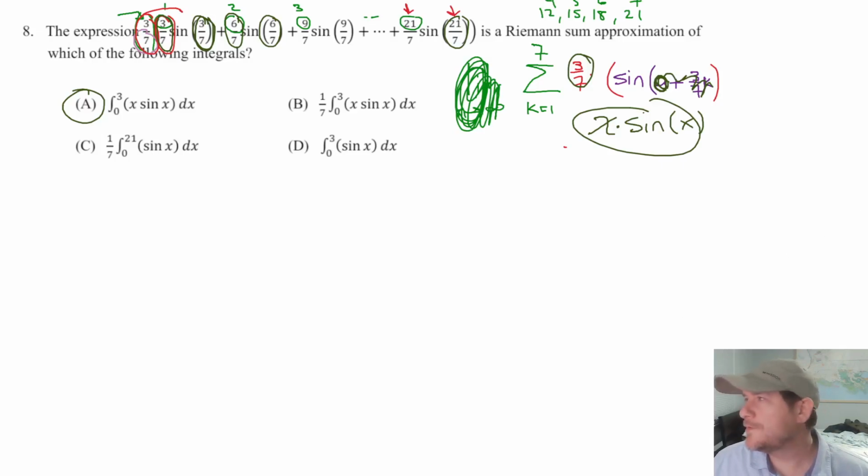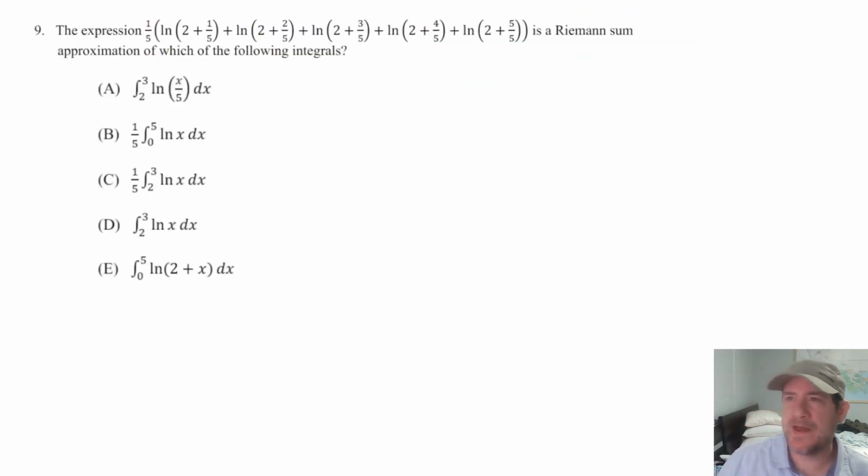Okay, so from there we'll move on to 9. And 9 is almost exactly the same as the one we just did. So let's again try to break this down. We know that what we're looking at is a summation, but it's not an infinite summation anymore. Again, in this problem we'd be doing the sum of the first term out to the, well, I can literally see them all.